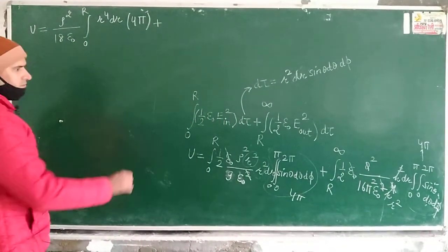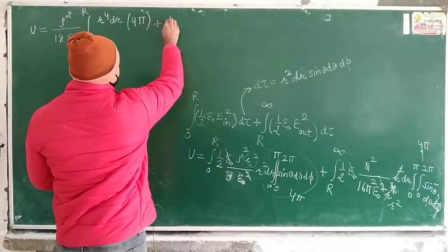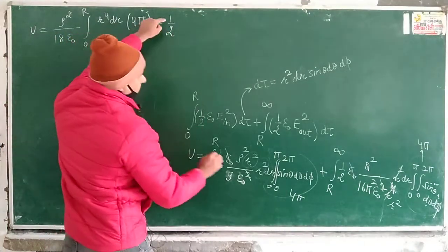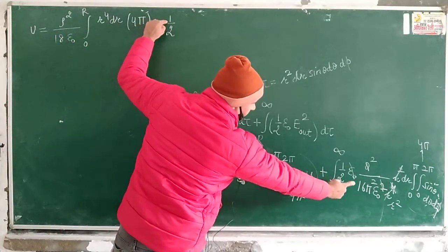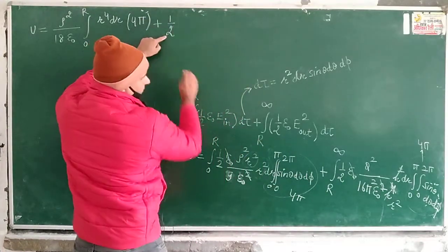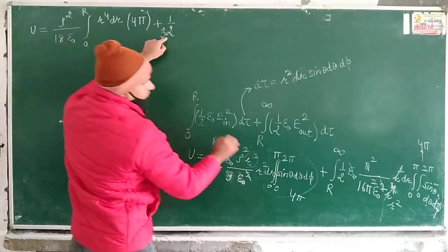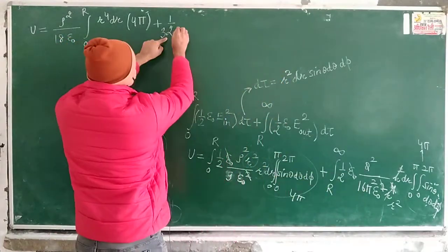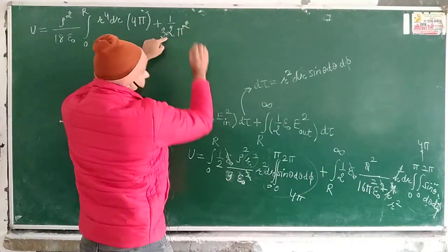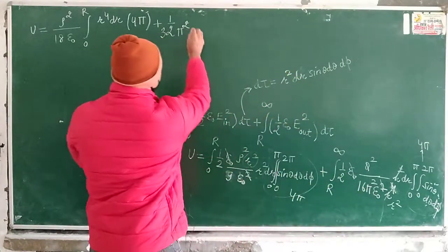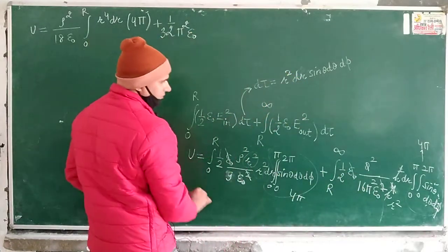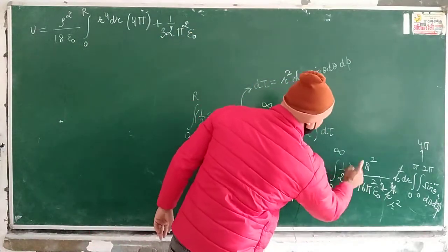So class, let me just take constants out of integral, that is half, and then you have 2 into 16, that is 32, and then you have pi square, and then you have single power of epsilon node, and then you have q square.